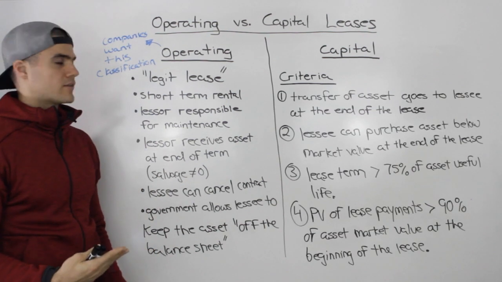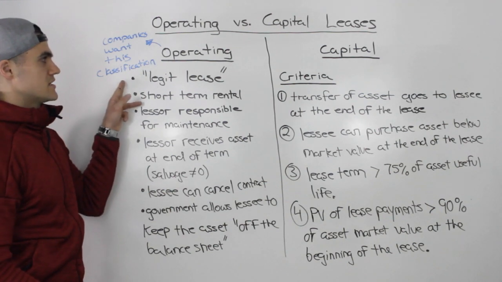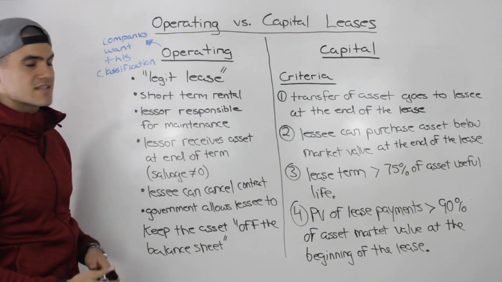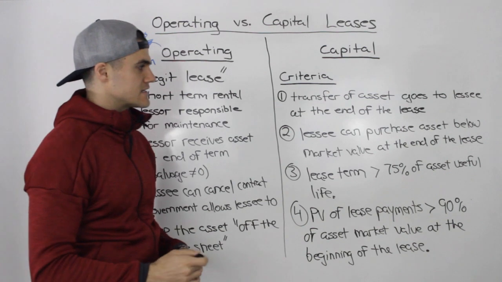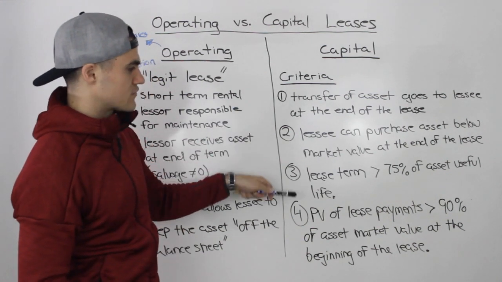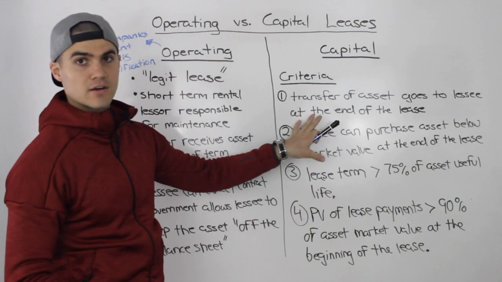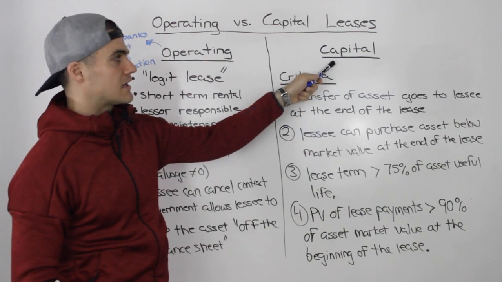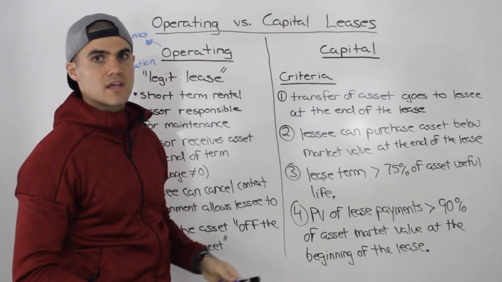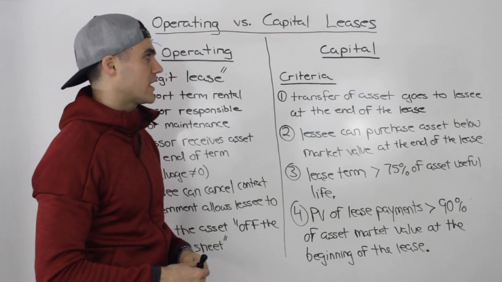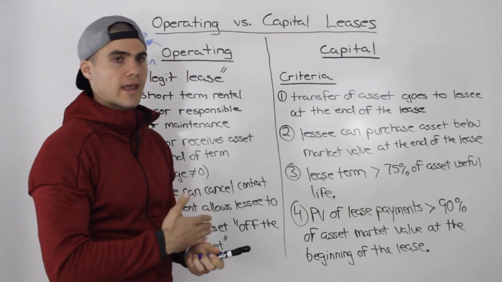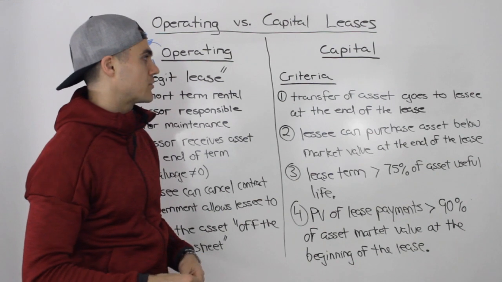Well, the government, on the other hand, will grant companies this classification of an operating lease as long as the lease doesn't meet one of these 4 criteria. And if it meets one of these 4 criteria, then it has to be classified as a capital lease, and we'll go over the implications of what happens when a lease is classified as a capital lease.